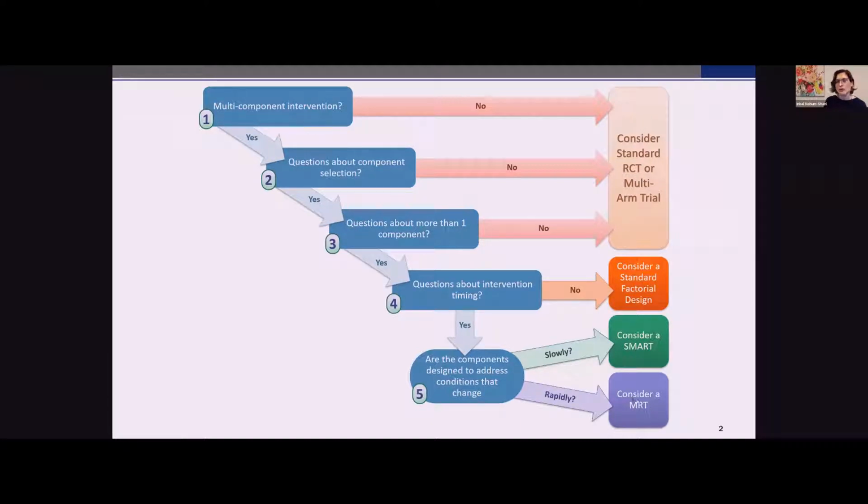So what I'm going to show you is a framework that includes 5 key questions that I think we need to ask ourselves as investigators in the process of developing an intervention that builds on mobile health in order to decide which design to use. Of course, I realize that there are other designs that you can consider, but here we're just going to focus on these 4, which is plenty, believe me.